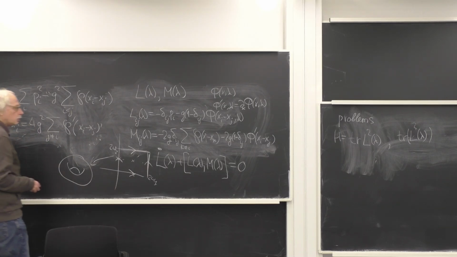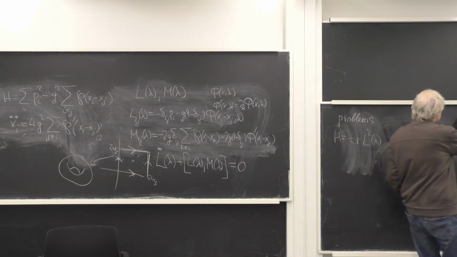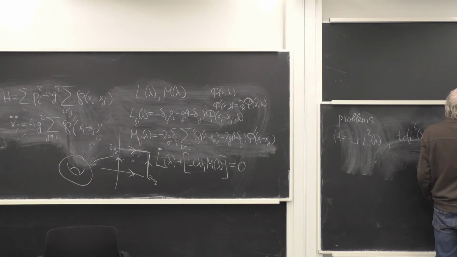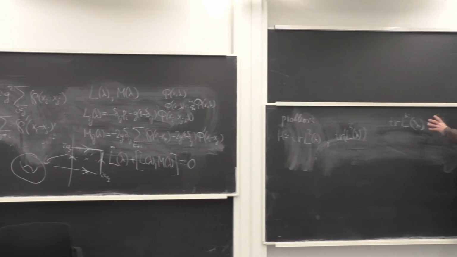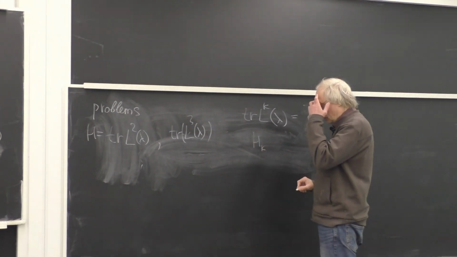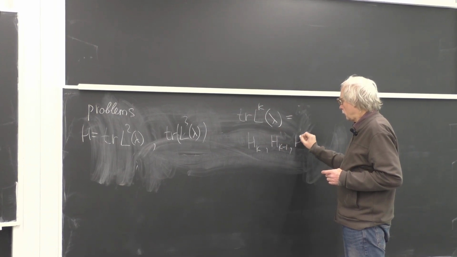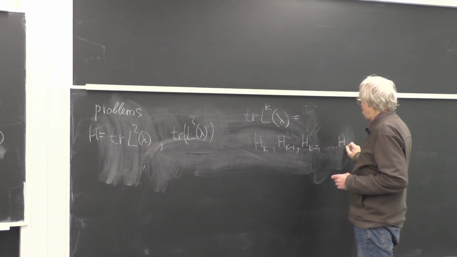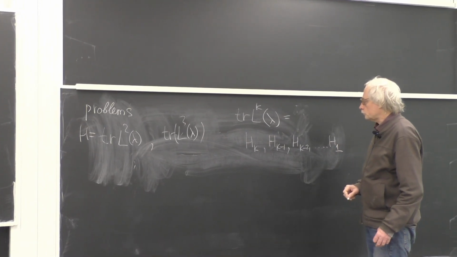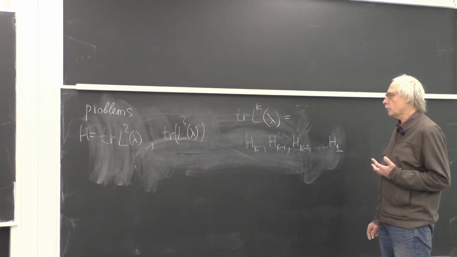And general integrals of motion are traces of powers of L. But now this expression can be represented as a linear combination of the Hamiltonian H_K and other Hamiltonians, lower Hamiltonians up to H_1, with coefficients depending on lambda.